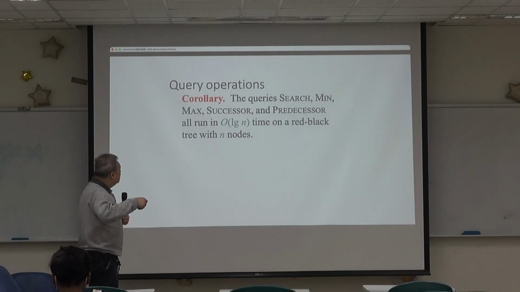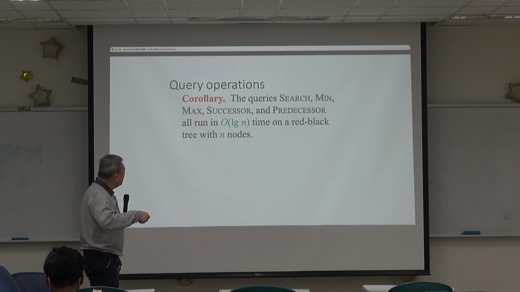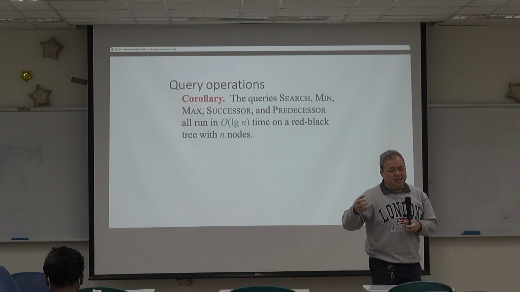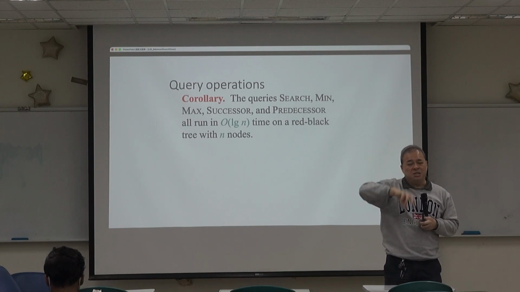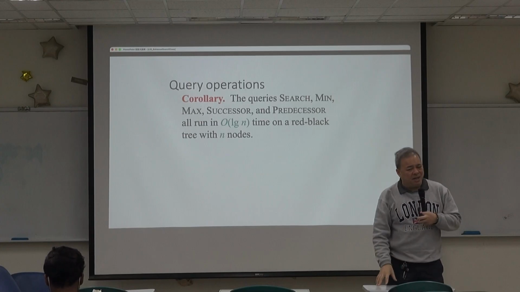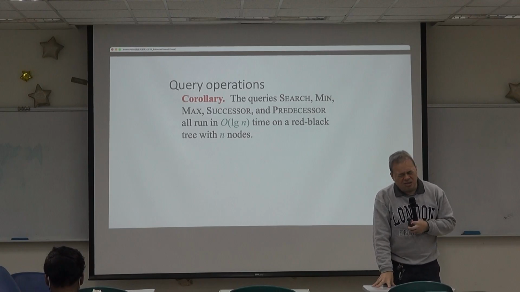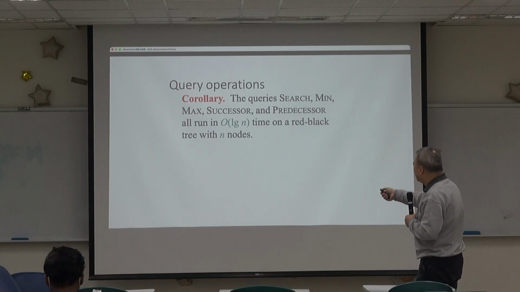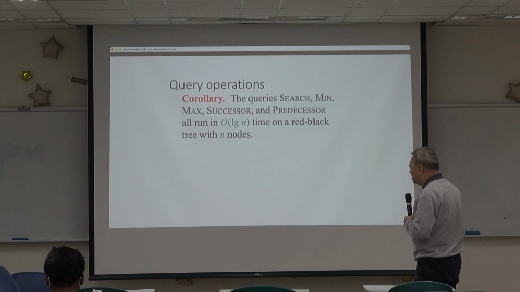So the search, min, max, successor, predecessor all run in big O log n time on a red-black tree with n nodes. Why? Because for all these operations, the worst case is from the root to one of its leaf nodes. And because the height is bounded by 2 times log of n plus 1, all these operations will run in big O log n.